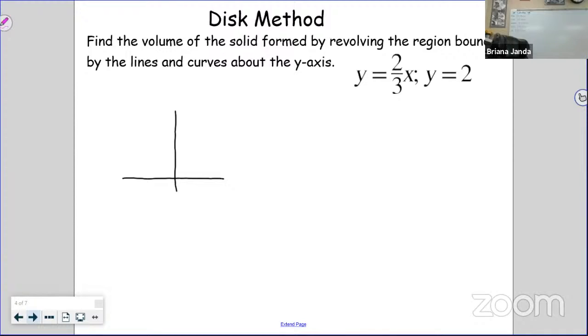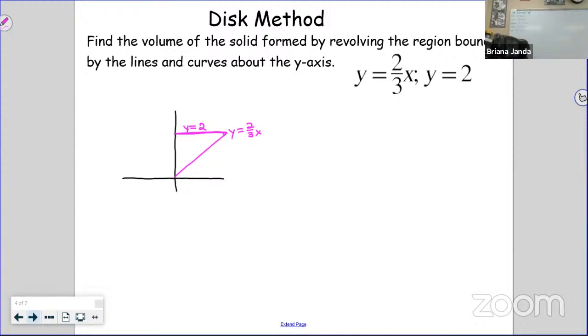So the equation y equals 2/3 x would go through my origin with a slope of 2/3. And then the equation y equals 2 would be a horizontal line up at 2.